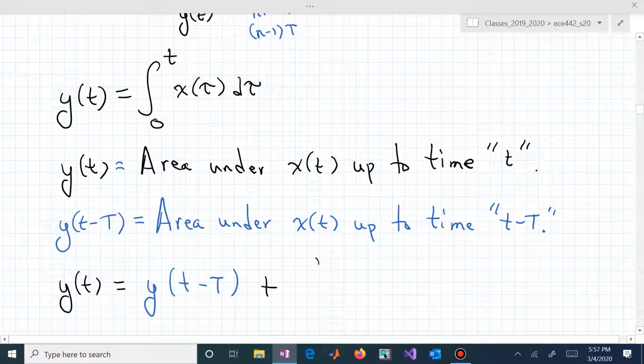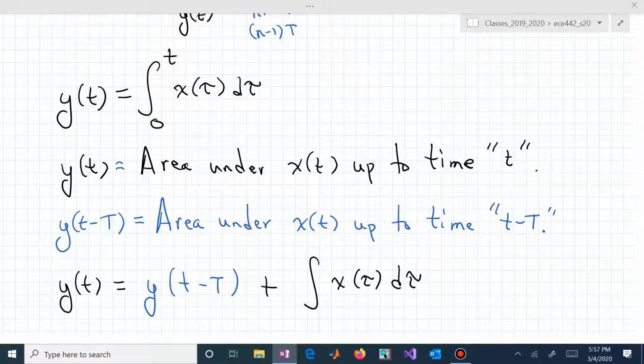We would do another integral, wouldn't we? We would integrate x of tau d tau over what limits? From little t minus capital T up to t.